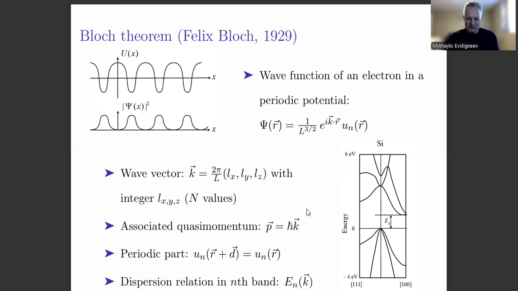For this reason, it is called quasi-momentum, and the details can be found online in Wikipedia or in textbooks. I just want to make the statement without elaborating on it any further. All right, but we will treat quasi-momentum as a regular momentum. I will use the words quasi-momentum and momentum interchangeably. I just want you to keep in mind that the momentum of an electron in a crystal has somewhat different behavior, somewhat different properties.